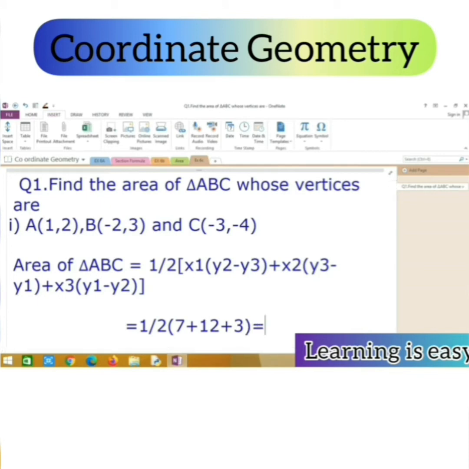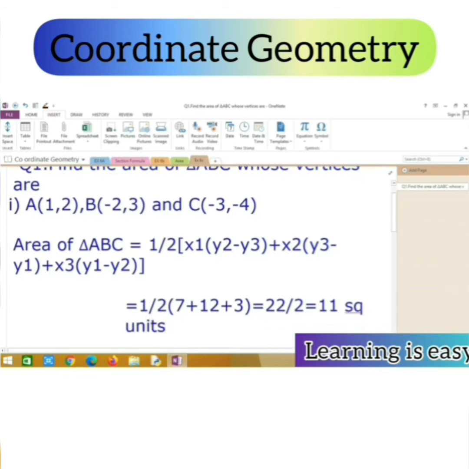So minus 3 into minus 1 is plus 3. Now by further simplifying this, 22 by 2, that's 11 square units. That's the area of triangle ABC.